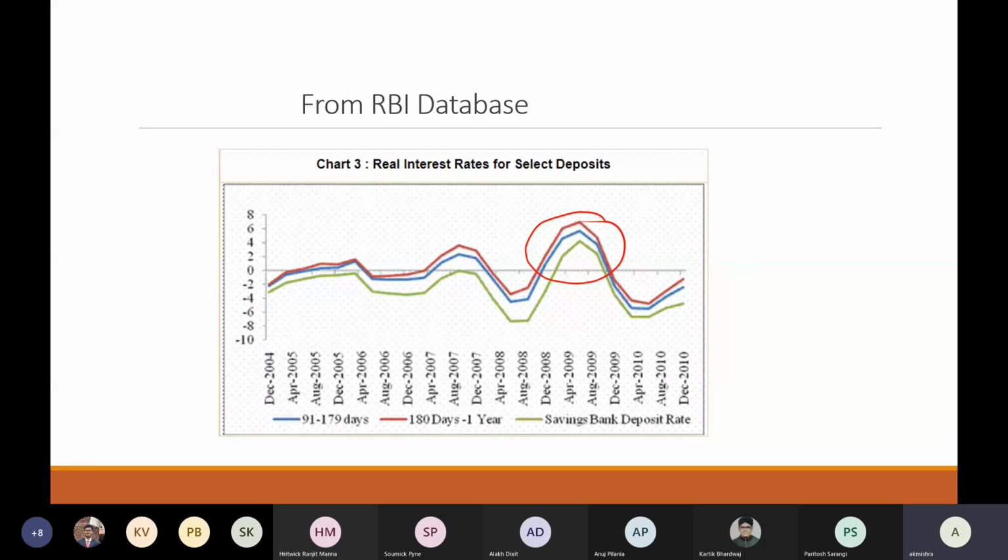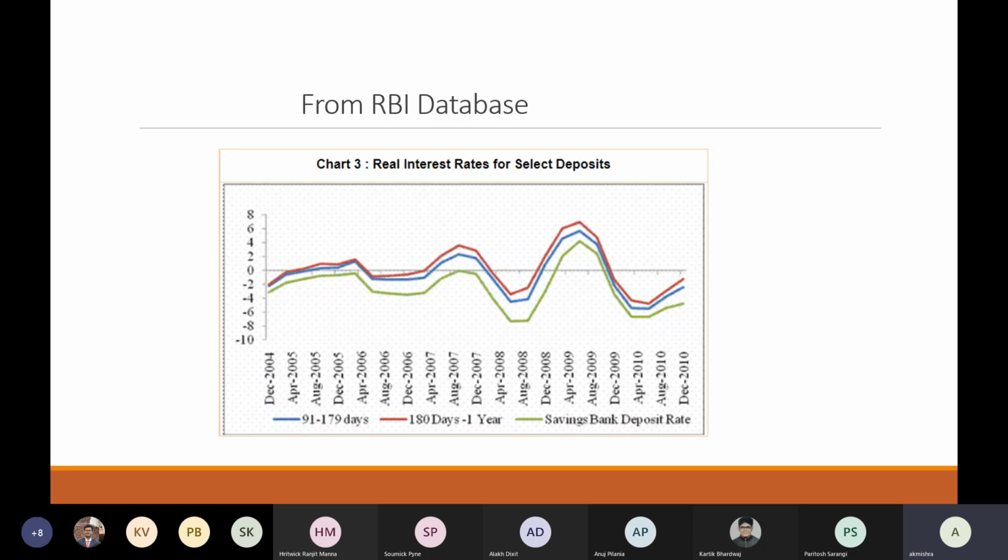But this is a kind of trigger for you, that if you are thinking that I can invest in government securities, or I can invest in 1 year government security instrument, or shorter term money market instrument, what kind of return these instruments gave during 2004 and 2010 after making adjustment for inflation.